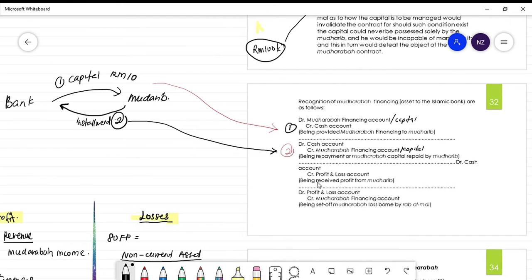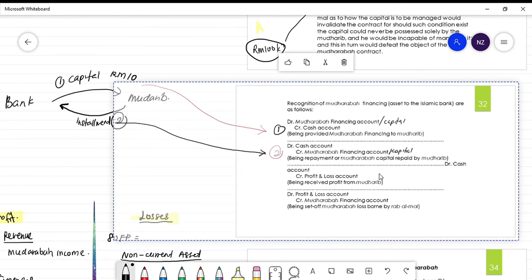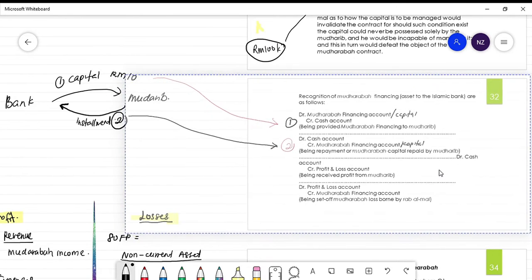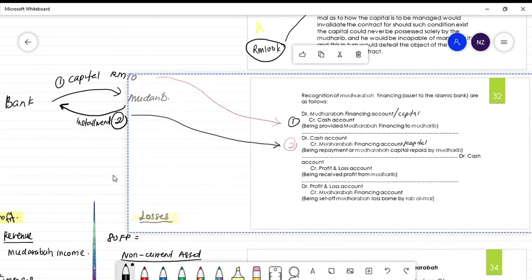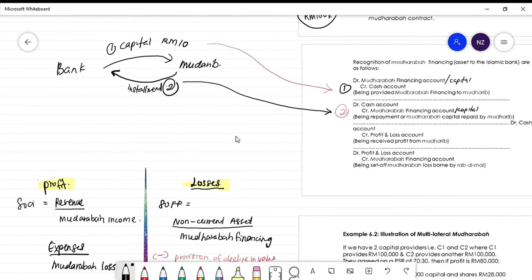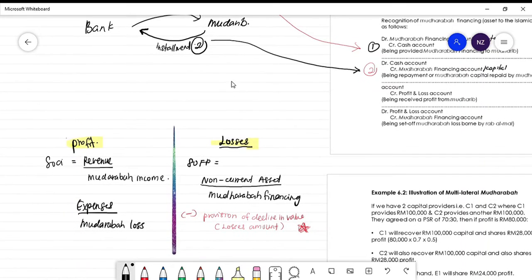Now kita nak record if Mudharabah ni tadi making profit, right? So saya dah tulis daripada sini ni kan, dua-dua journal yang terakhir ni saya dah buat like summarization lah. Okay, kalau dia the Mudharabah here making profit, so the profit amount tu should be record under Sochi here, as revenue lah.